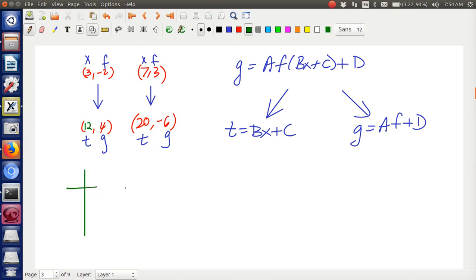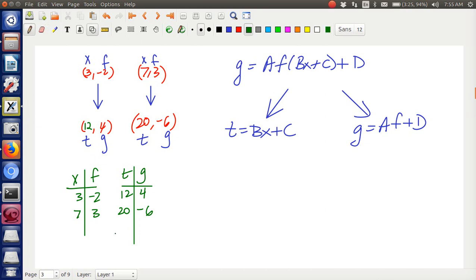If it's easier, you can think of it as a set of points. So you have X, F, T, G. The X is 3, that goes with -2, and X is 7, goes with 3. T is 12, goes with 4, but these points are connected. This point goes to this point. So just keep that in mind. They're in a certain order. The order matters. And then this point goes to that point.